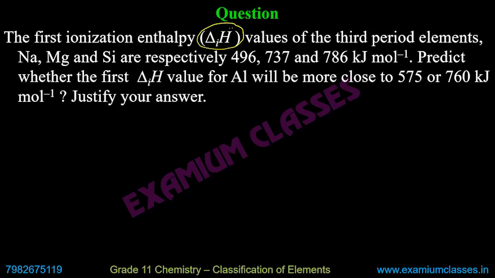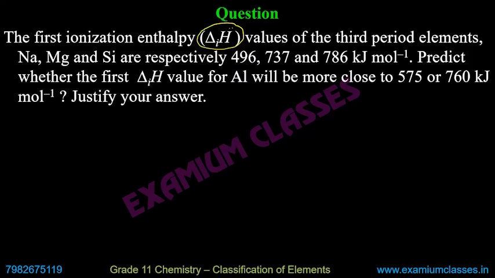Moreover, one important concept is that when we say ionization enthalpy, electron gain enthalpy, bond enthalpy, various types of enthalpy we will be talking about in chemical bonding chapter and in thermodynamics chapter as well, then these are for 1 mole. So if it is not written, you will always consider it is for 6.022 into 10 power 23 atoms we are talking about at a time. And each of those atoms is in isolated gaseous ground state.